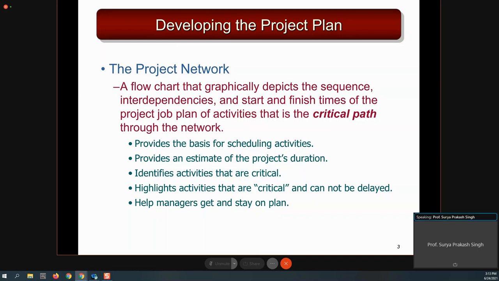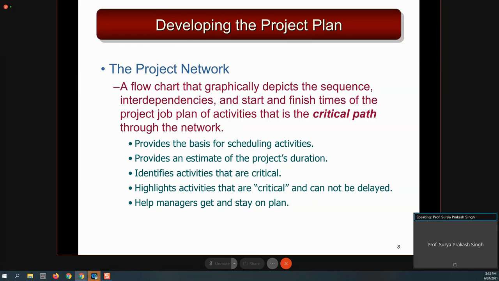All these things are represented in a graph with arrows and nodes, which we call a graphical representation. That graphical representation will define the start time and finish time of all the activities of the project. And the arrows and the nodes give you the sequence, and that can tell you the critical path.